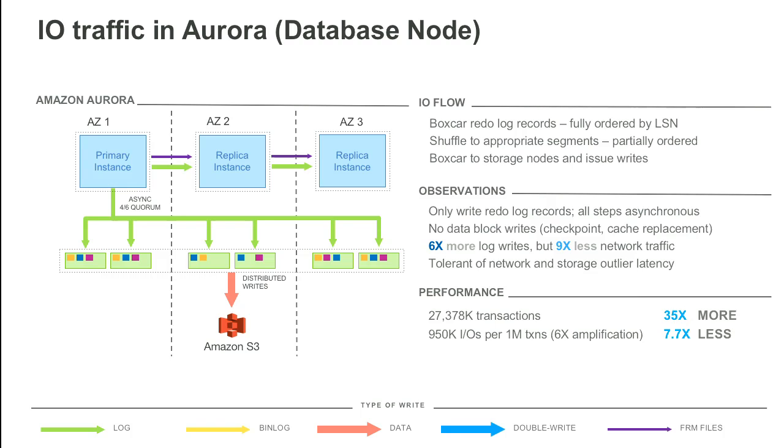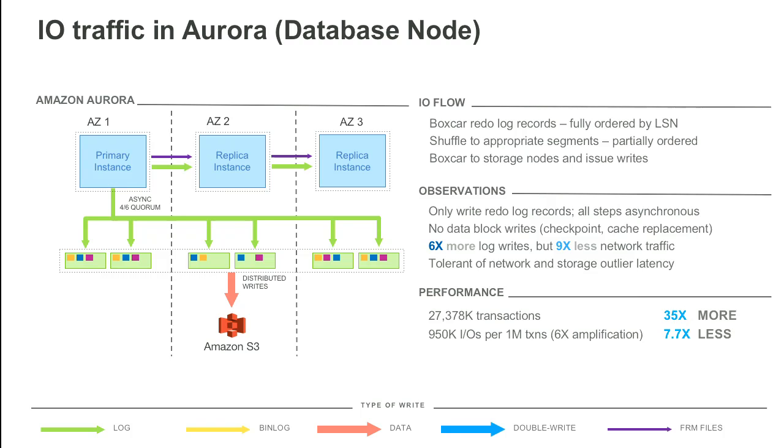Now, if you look at what actually is being written, it's only the redo log records, only the green arrows. We also send the metadata from the primary instance to the replica instances, but it's a dramatically smaller amount of I/O that you're actually writing on the network. As you have concurrent transactions operating on the master, you batch together the redo log records of various transactions happening at the same time.